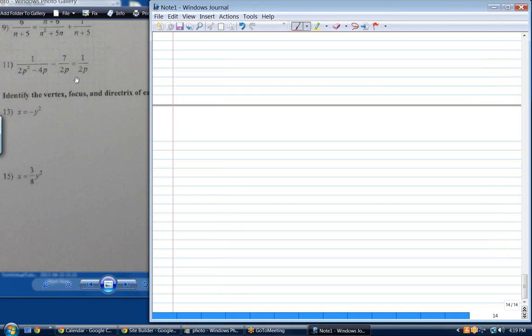I can see that this has got a 2p in its denominator, this has got a 2p in its denominator. So let's factor out a 2p over here. What's that leave me with? Negative 4, what's here?